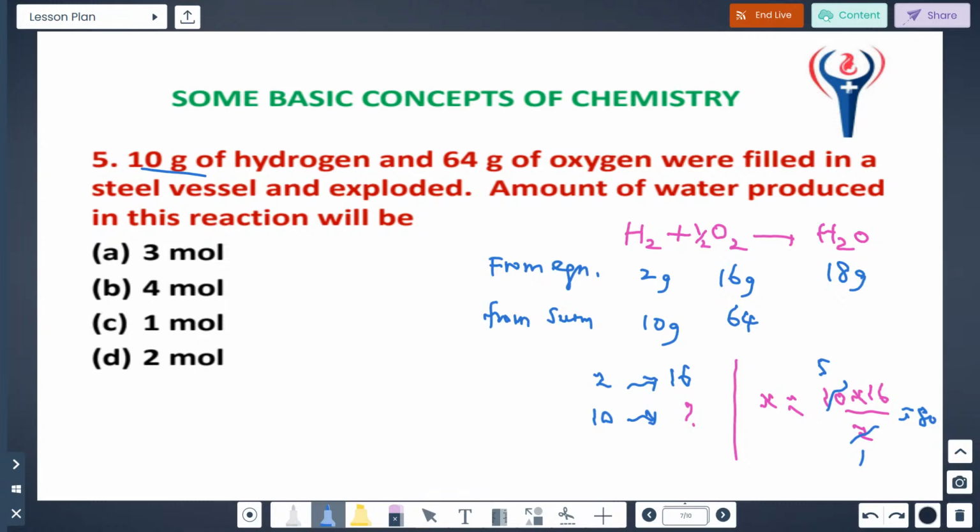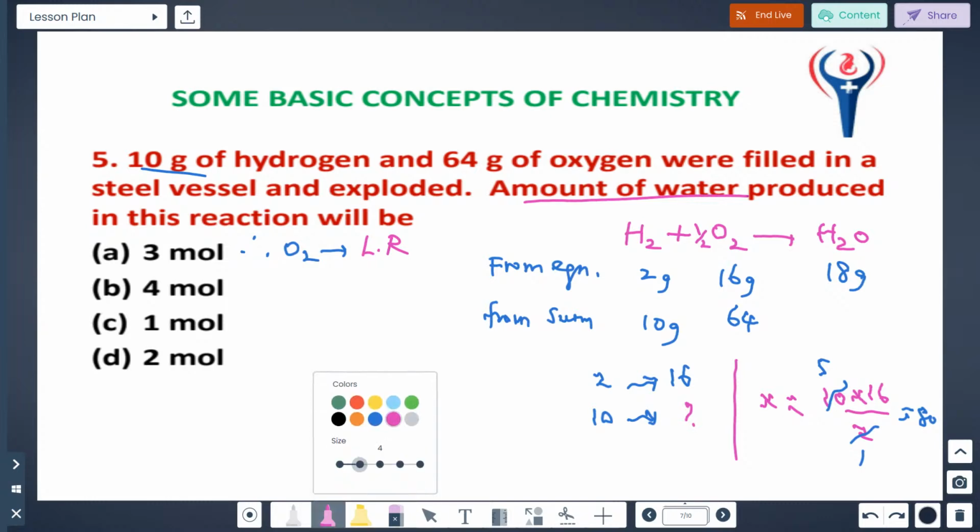But in your question only 64 gram is given. This is the less value. Therefore, we can say O2 is the limiting reagent. Just remember, from the limiting reagent only we can find out the product. The question asks for the amount of water produced. So who is the limiting reagent? O2 is the limiting reagent.